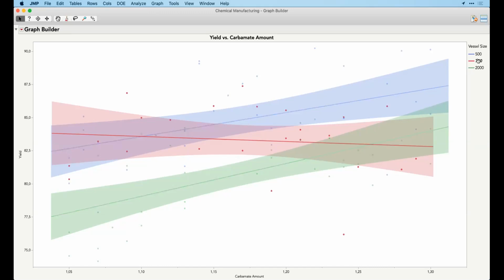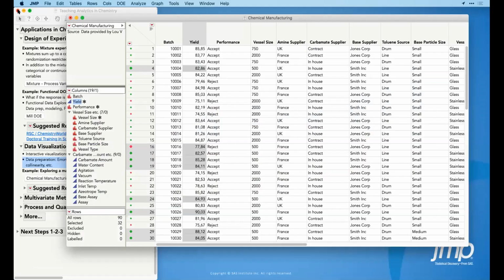So the red one, for instance, has a negative slope, and the other two have a positive slope. So this is an interaction between carbamate amount and vessel size. You can find out by exploring and visualizing your data.